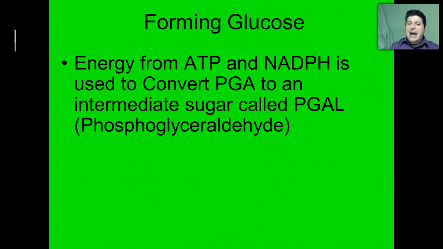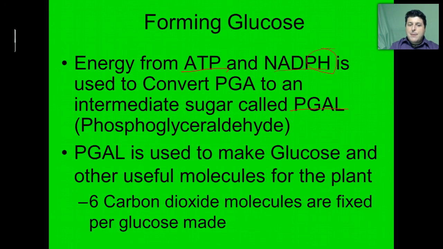In order to do that, we're going to use that energy from ATP, the electrons and the protons, to convert that PGA into a very useful sugar called phosphoglyceraldehyde, or PGAL. PGAL is then going to be used to make glucose and other useful molecules for the plant.